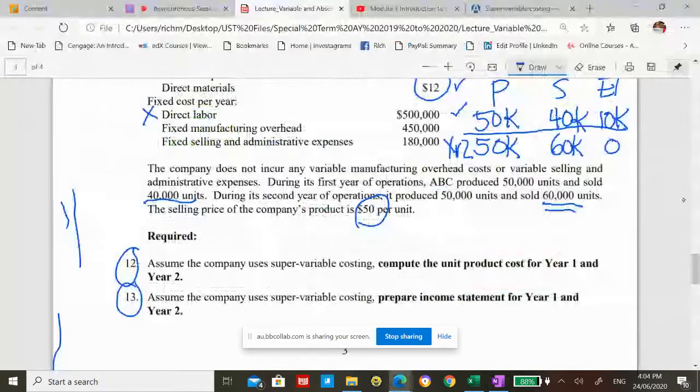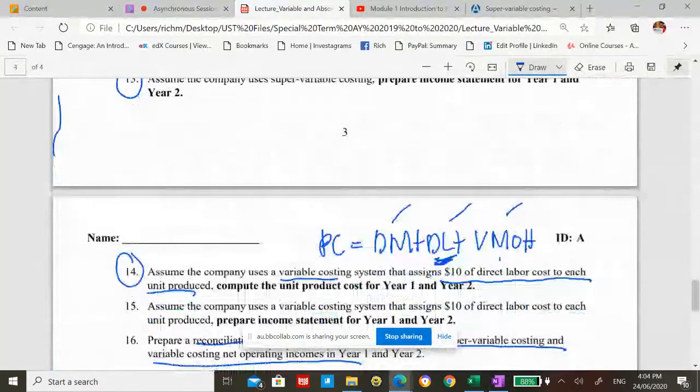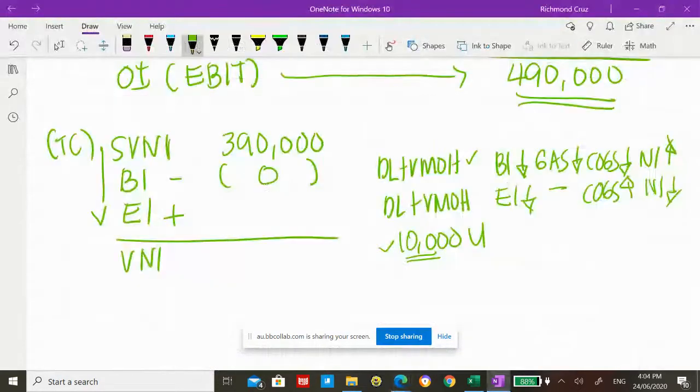According to the problem, the direct labor cost is $10 and 0 for variable manufacturing overhead. So we just need to multiply the 10,000 units by the direct labor cost per unit, which is $10.